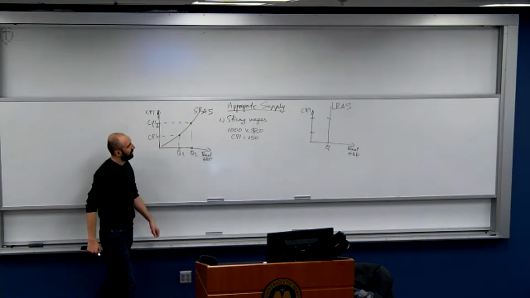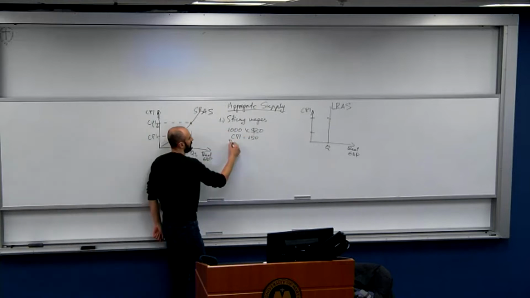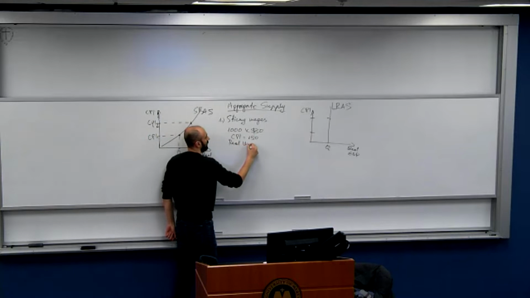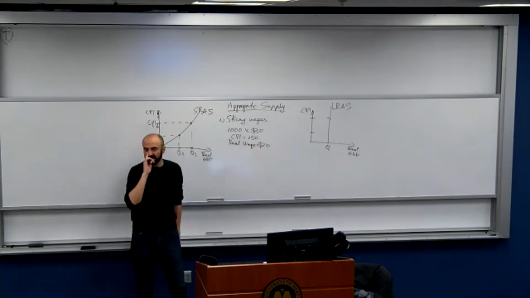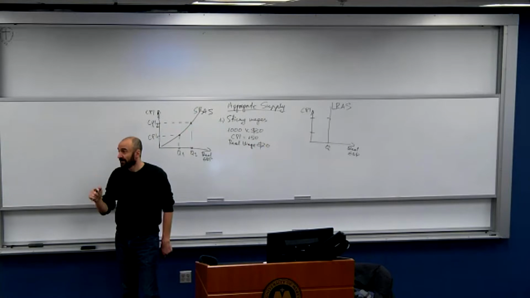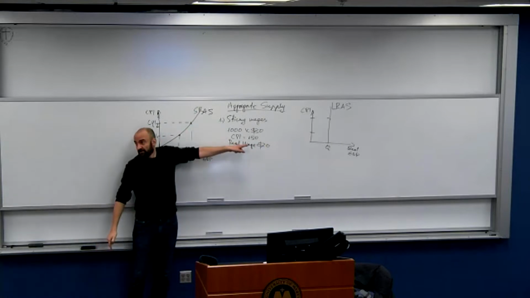Divided by the real wage, it's 20 bucks. So, how did you get the 20? Because the constant dollars, 100, is irrelevant.